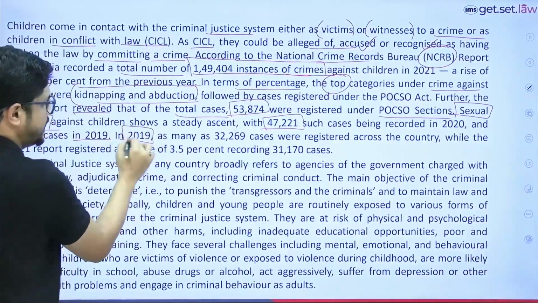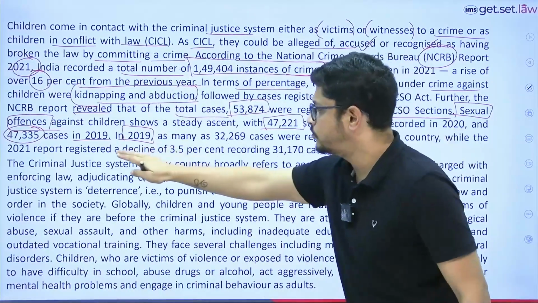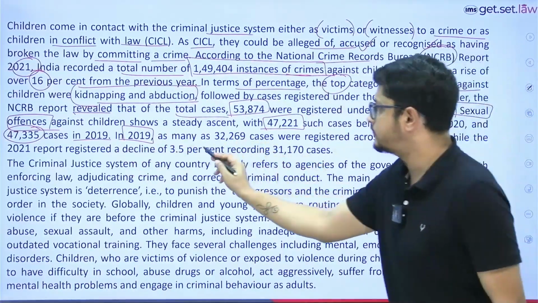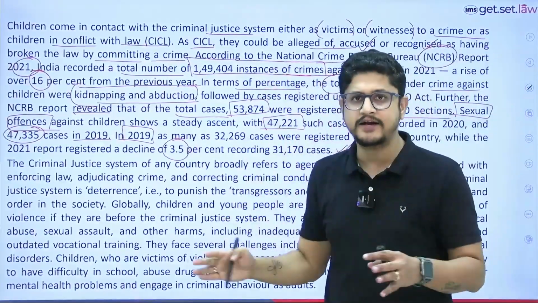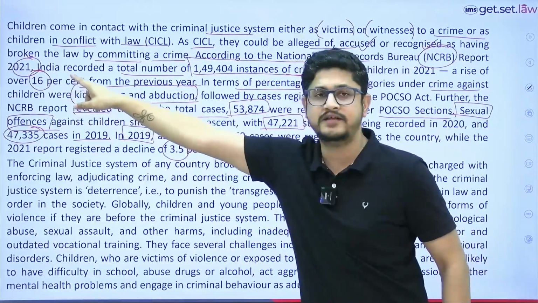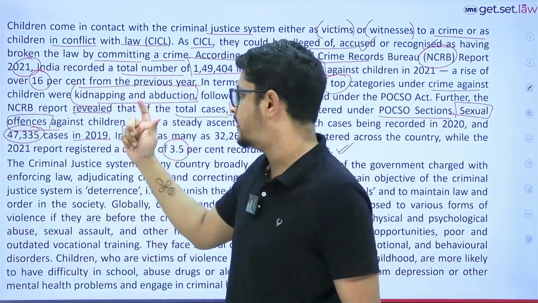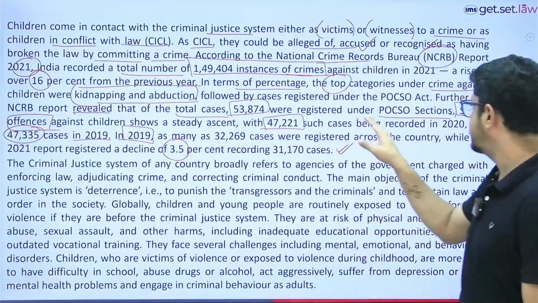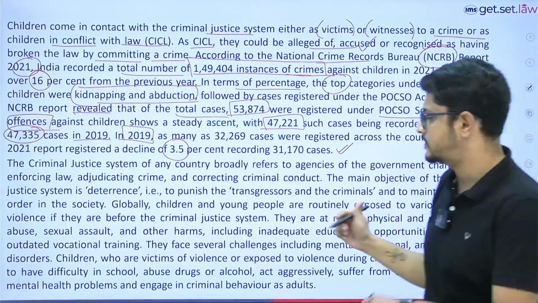Now in 2019, as many as 32,000 cases were registered in the country, while the 2021 report registered a decline of 3.5% recording these many cases. That means they are just breaking down what has been claimed in the report in the year 2021, usko break kiya ki in 2019 kitne cases hue the under the POCSO, in 2020 mein how many were the cases under the POCSO sections that was claimed.